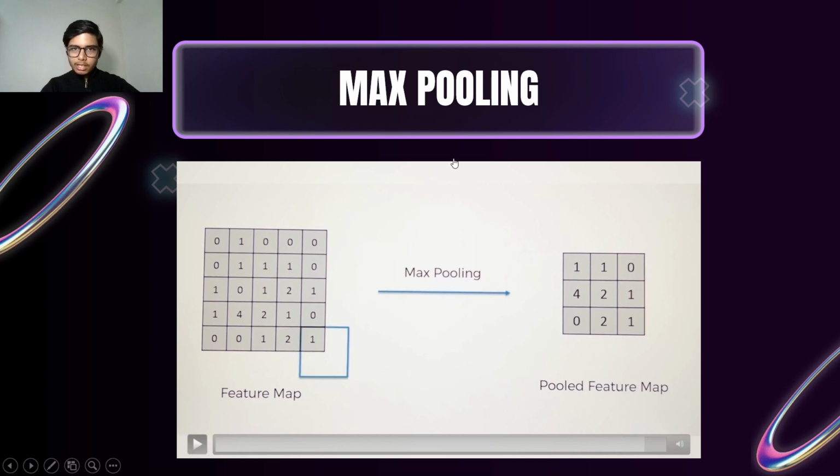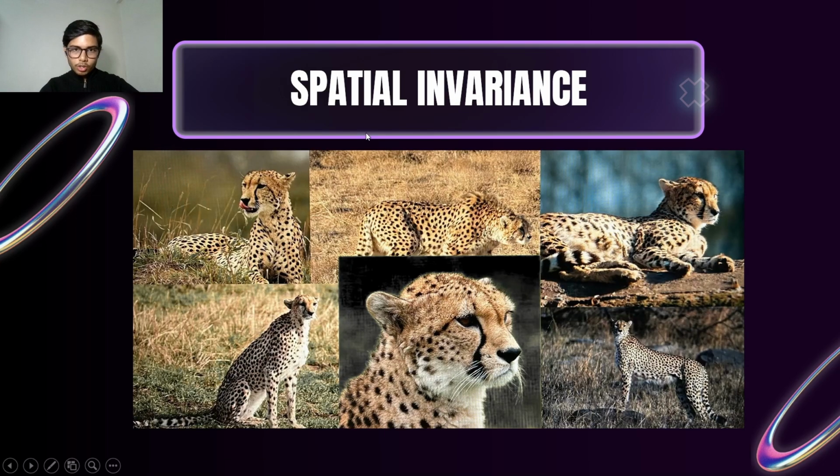But what max pooling helps us do is extract that element 4, no matter where that 4 is situated in the whole matrix. It doesn't matter where that 4 is; we can extract it no matter its position. That's what I was talking to you about with spatial invariance. That's how CNNs recognize features no matter where they are situated in an image.